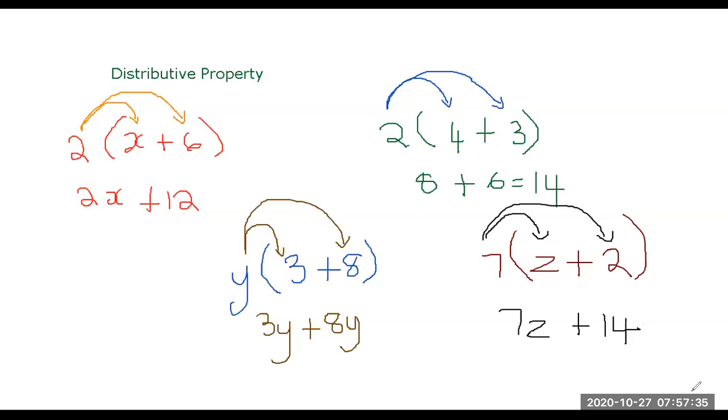Let's look at something a little bit, I wouldn't say harder, just takes a longer time. So if I have 8 times (x + y + 2). Whatever's on the outside, I'm going to multiply by what's on the inside.